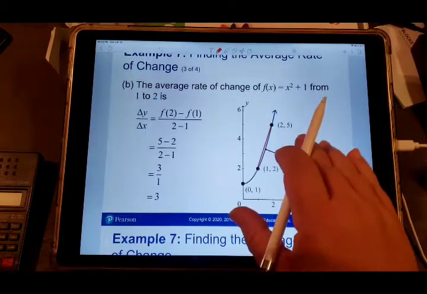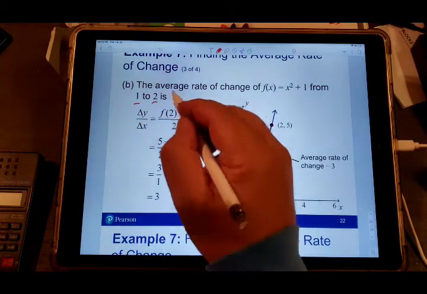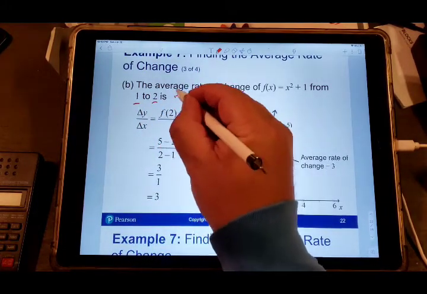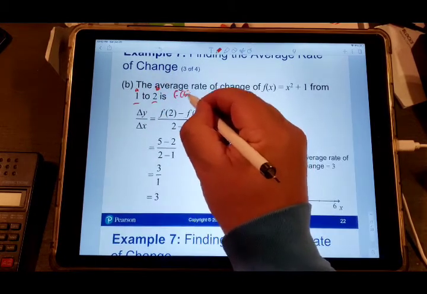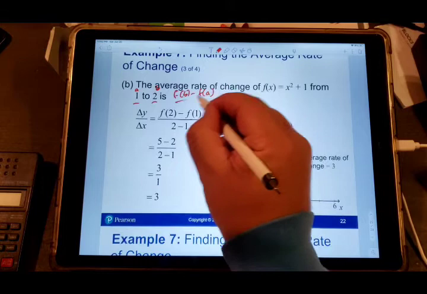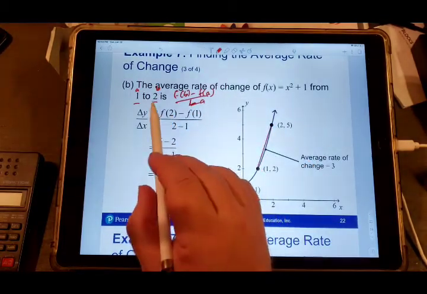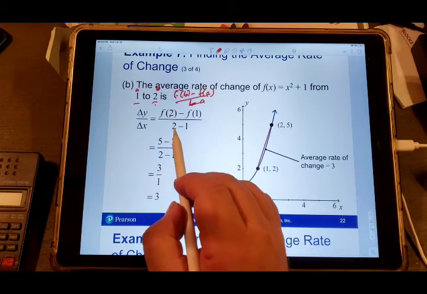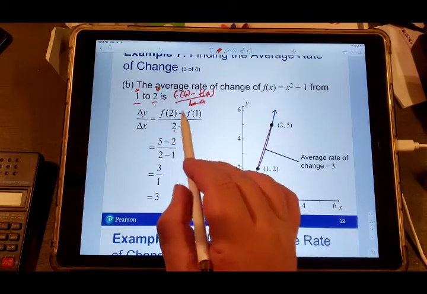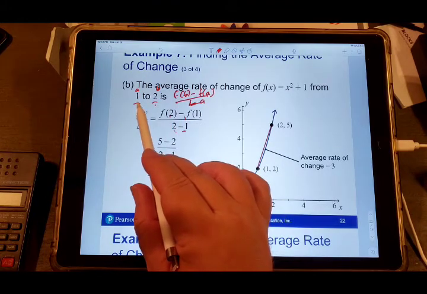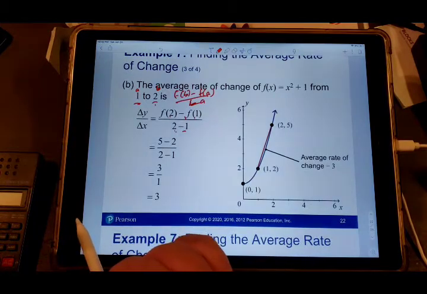Let's look at this one here. From 1 to 2, so do you remember the formula? From A to B, it's f of B minus f of A over B minus A. And so if B is 2, it's f of 2, and 2 minus 1, because A is 1, put in a 1 there.